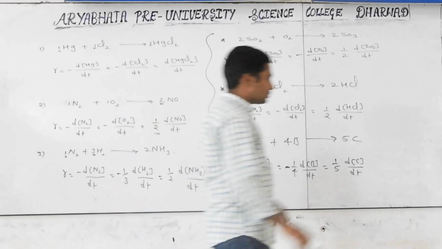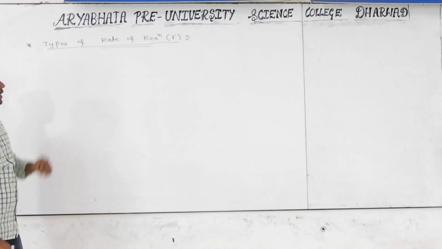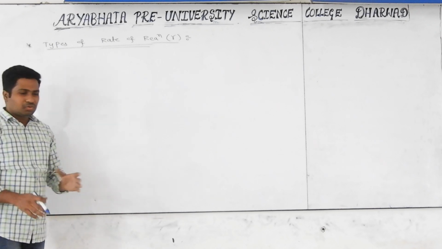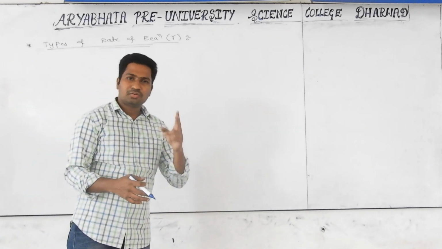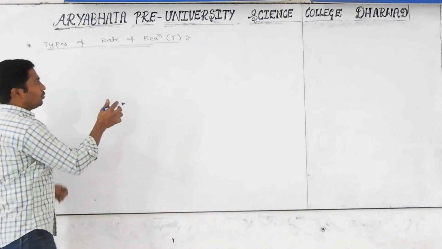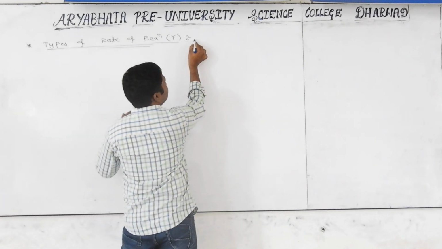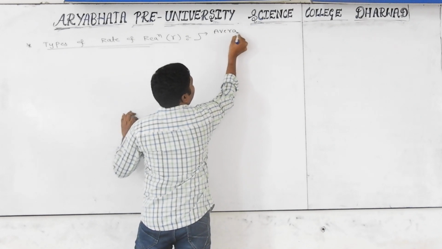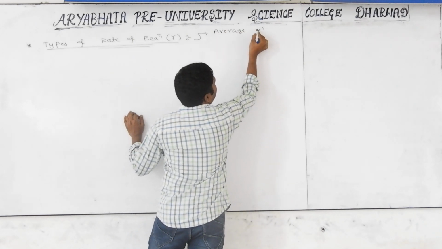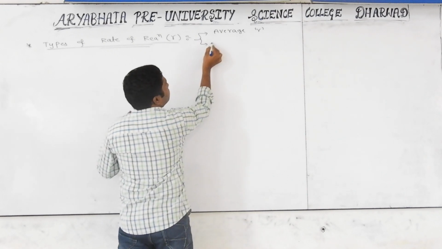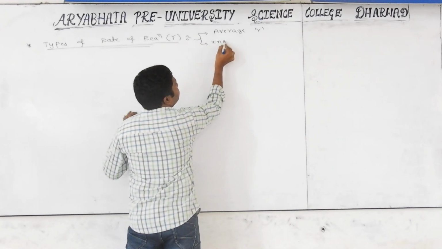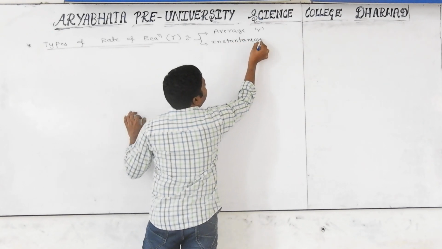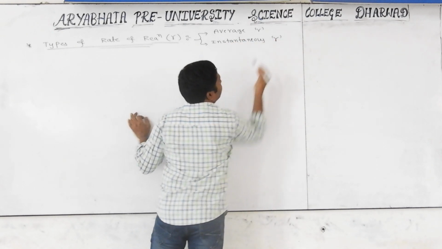Yes? Okay. The next concept is nothing but types of rate of reaction. Based on the process, we have two types of rate of reaction. What are they? I will write here. The first one is the average rate of reaction. Another one is the instantaneous rate of reaction.